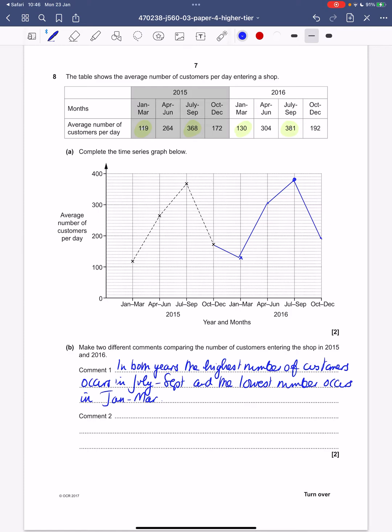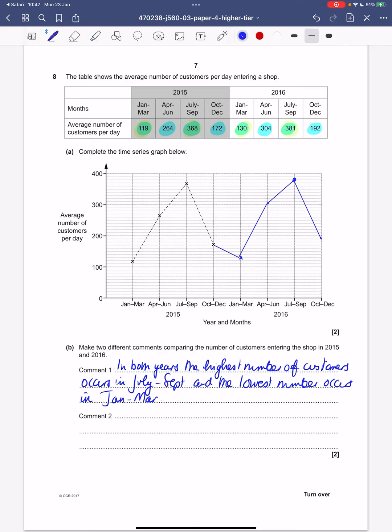I don't know if that's too many comments in one, but I put both in there because I wanted to say that it's always highest in July to September. Now, if we look across, I'll do this in another column. 119, 130, it's higher in 2016. 264, 164, higher in 2016. 368, 381, 172, 192.